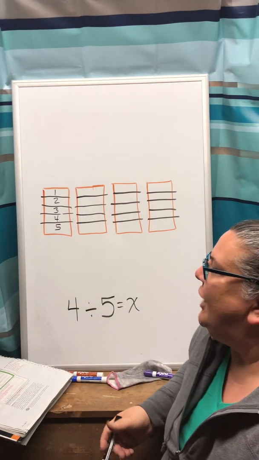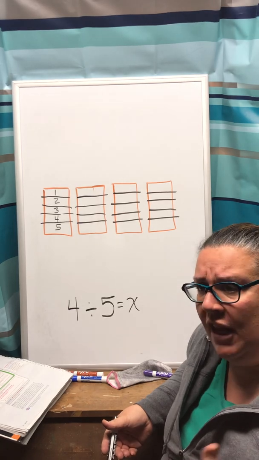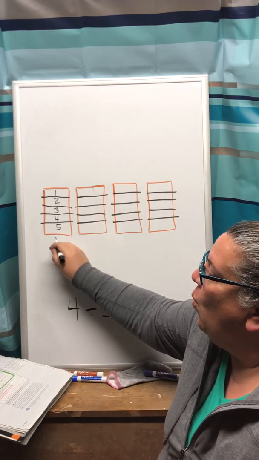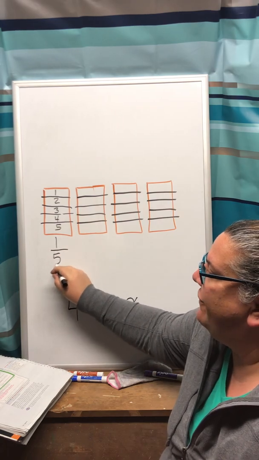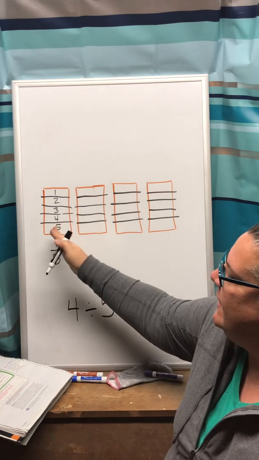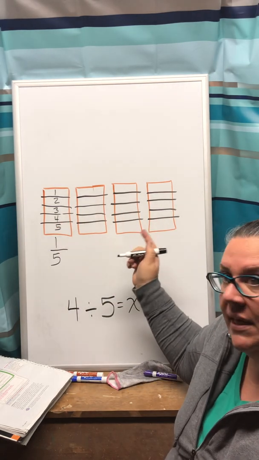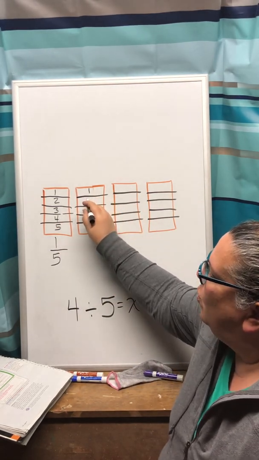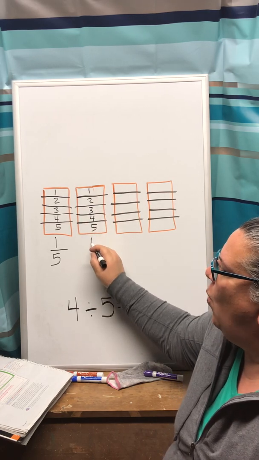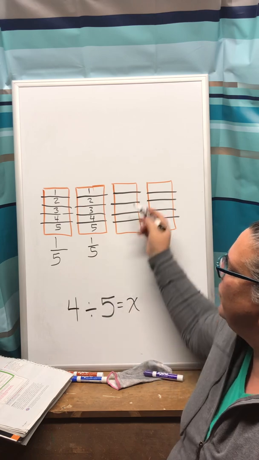So I know so far, if we focus on friend number 1, friend 1 is getting 1 out of the 5 pieces that I cut that first slice into. If I continue that with all of the other pieces, friend 1 is getting 1/5 of this slice as well.